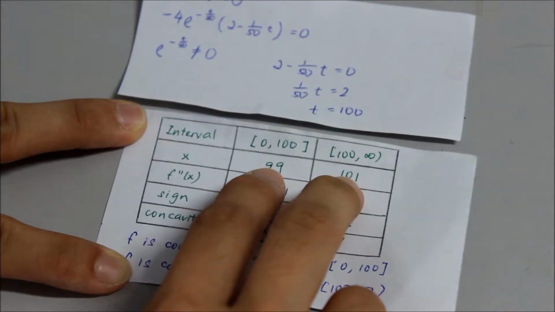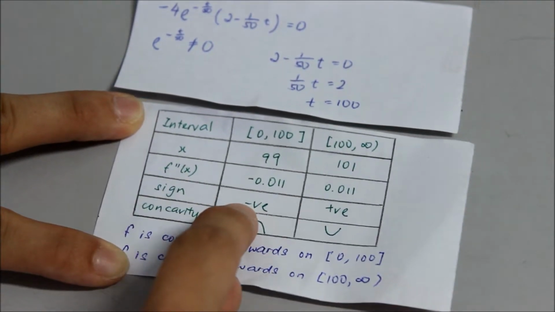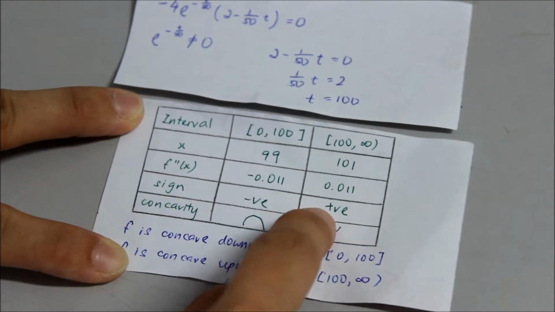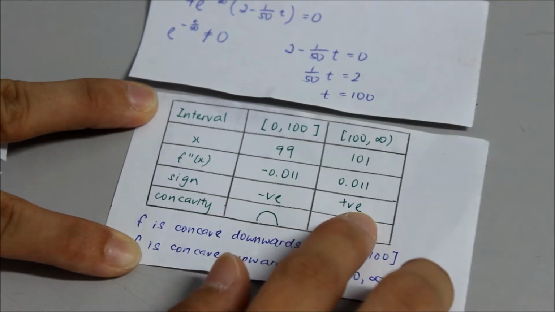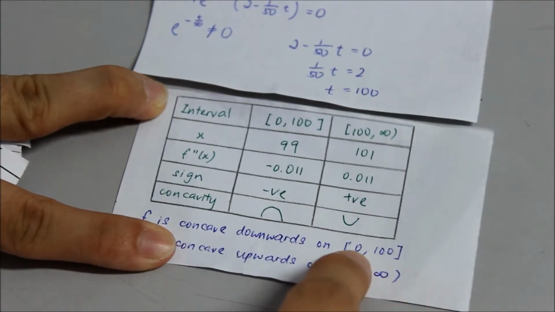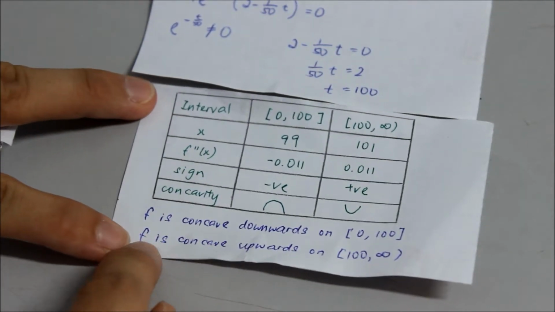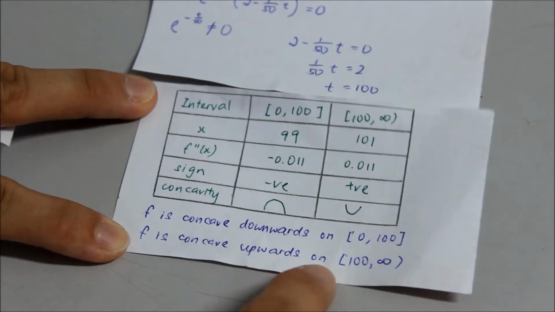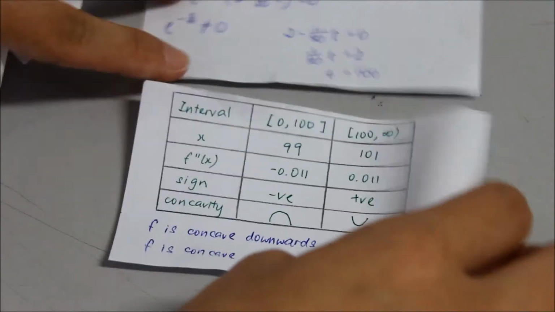Substituting these two reference points into the second derivative, we get negative for 0 to 100 and positive for 100 to infinity. So we can conclude that f is concave downwards on 0 to 100, and f is concave upwards on 100 to infinity.